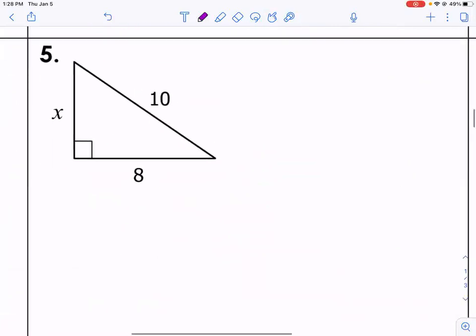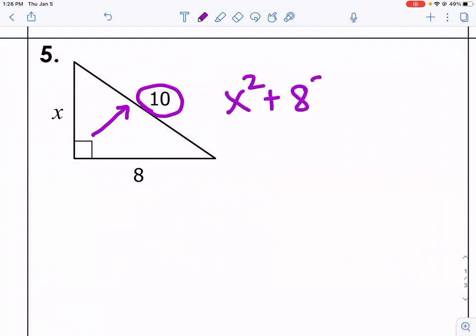Let's go to number 5. In number 5, which measure is the hypotenuse? 10 is the hypotenuse because it is across from the right angle. So when we set this up, we're going to have x squared plus 8 squared equals 10 squared.